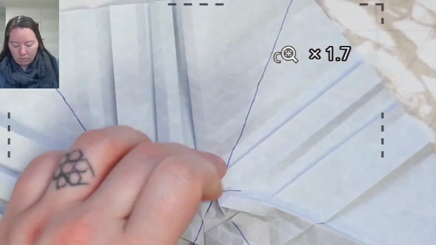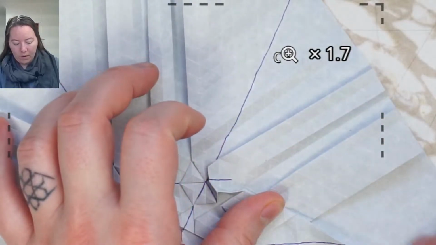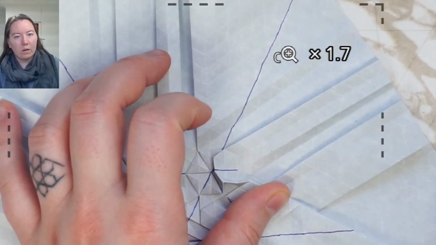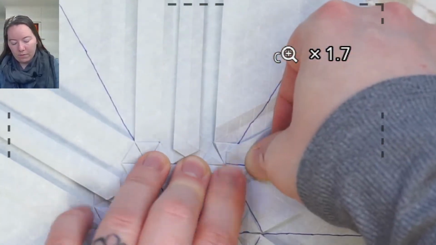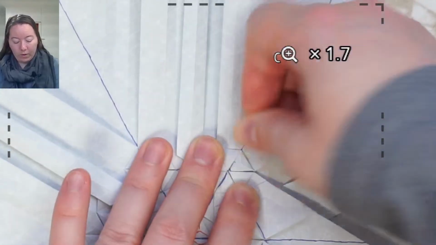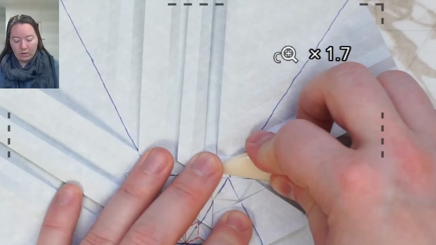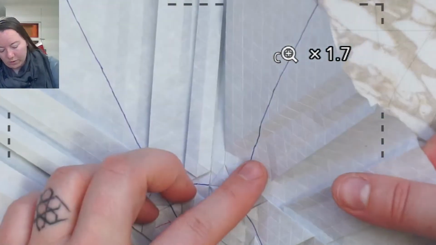But that may or may not be a possibility depending on what twist you're using. Like the hybrid hexagon twists, you might be able to get away with it. But the open hexagon twists, not so much.